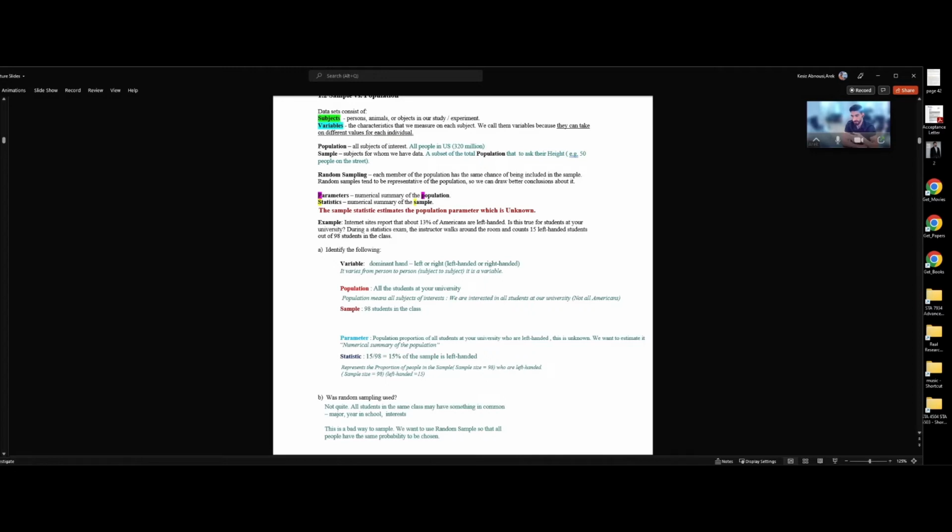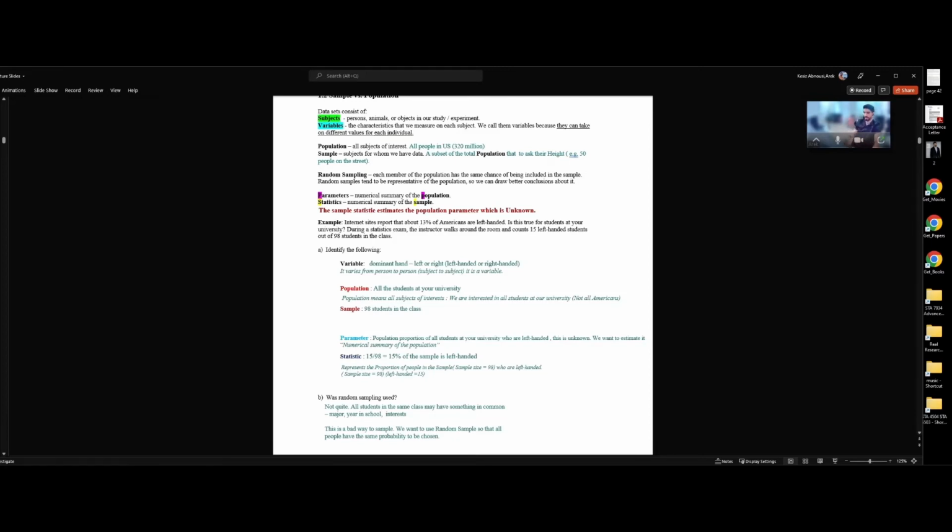We want to use a random sample, which means that every individual of the population has the same probability of being chosen.